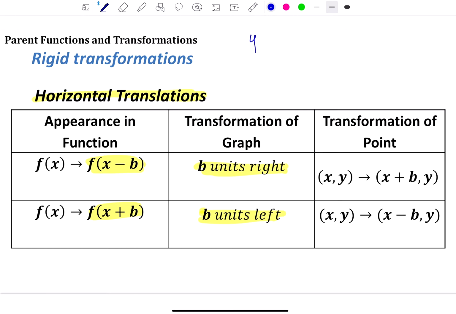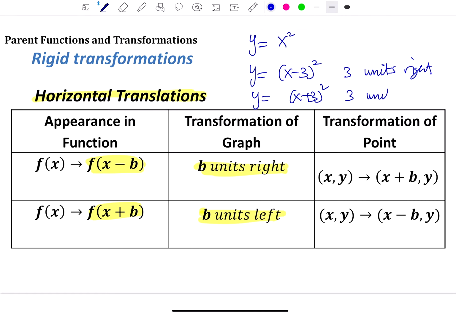For example, if my parent function is x squared and I have another graph which is y equals (x minus 3) squared, with a negative inside, that graph will be shifted 3 units to the right. If it was y equals (x plus 3) squared, it would be 3 units left from the basic parent function, which is your basic x squared quadratic function.